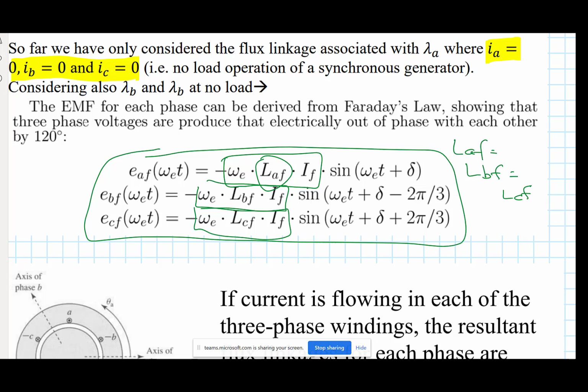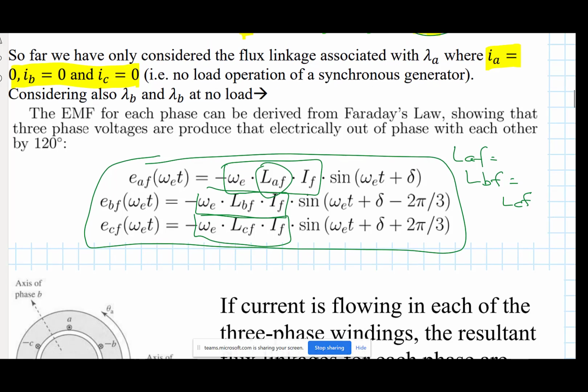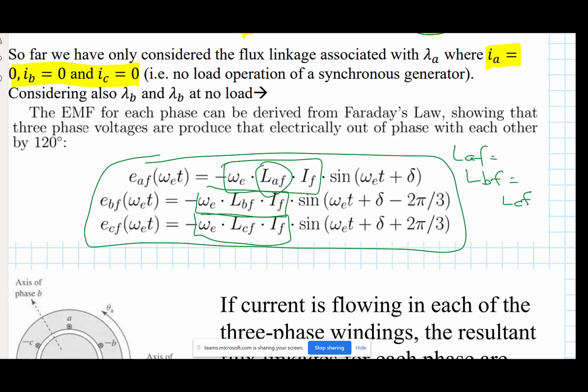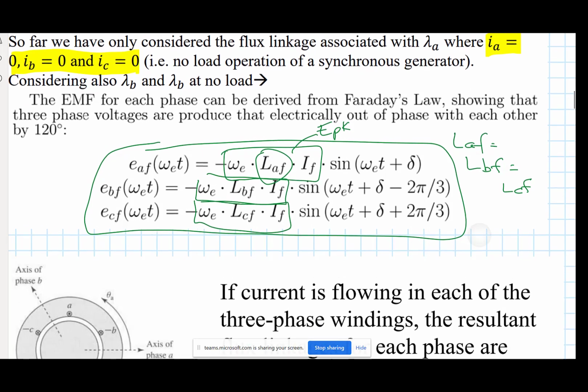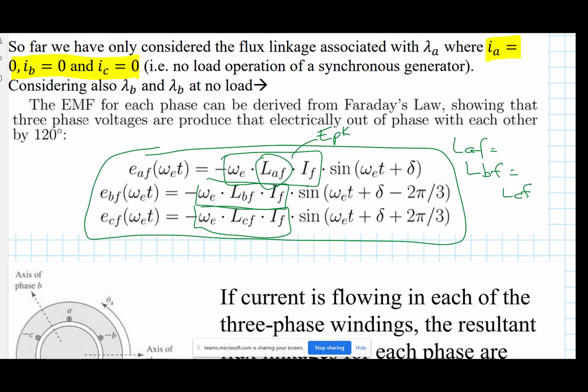Now this is another way of expressing, so this is actually a voltage, I could call it an E peak. And in the prior lecture, we derived a phasor representation which would give you the ERMS off of this.